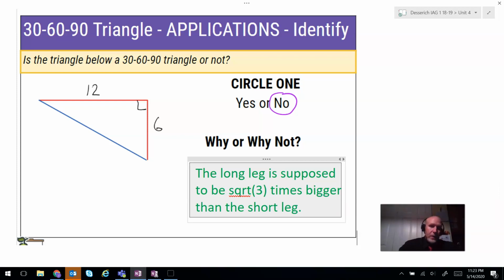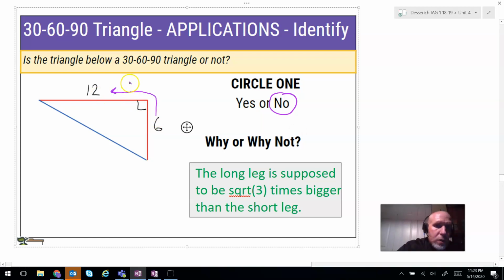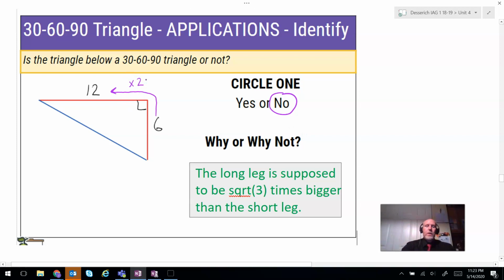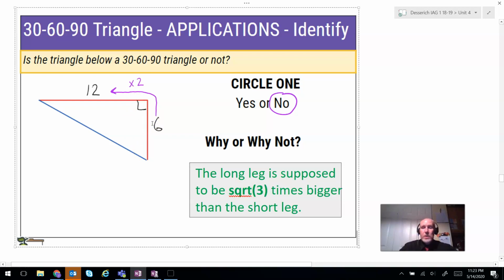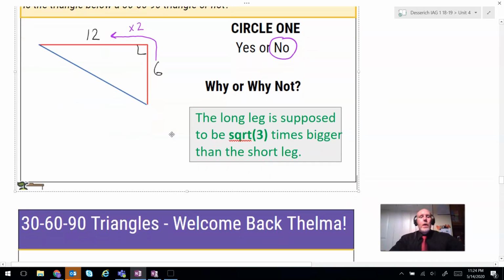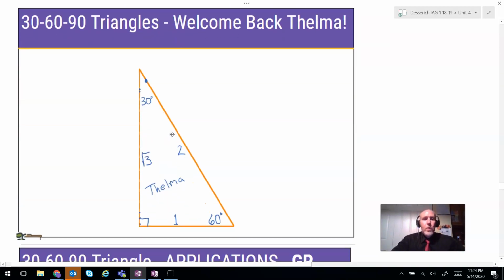But in this situation, it's actually twice the short leg, if you can tell, because the long leg is 2 times bigger than the short leg. That means it's not a 30, 60, 90 triangle, because in 30, 60, 90 triangles, the long leg is supposed to be square root of 3 times bigger than the short leg. Then it's not in this situation. So this is not a 30, 60, 90 triangle, which means we would not be able to use the 30, 60, 90 properties here.